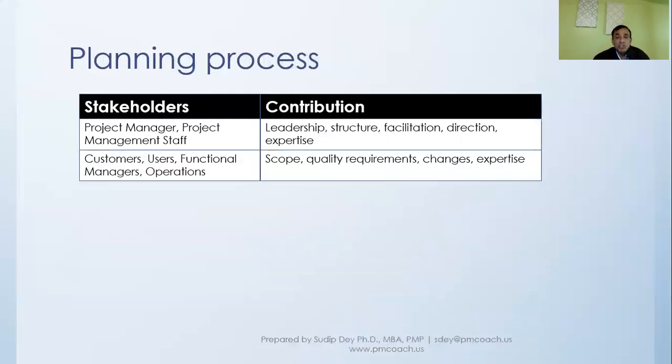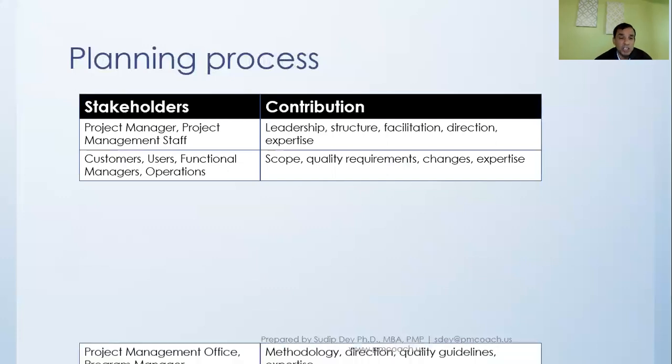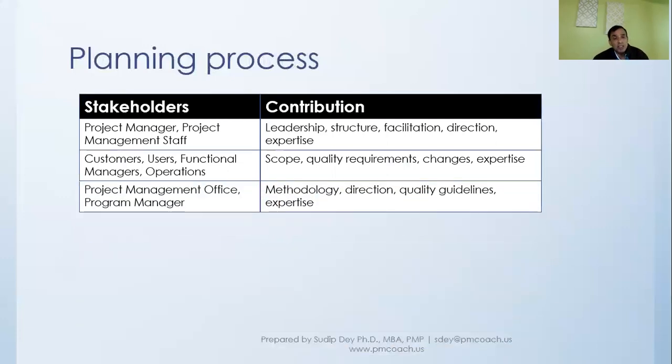Customers, functional managers, operations or users will tell you what the scope is. They will tell you what quality they are looking for. They might come up with changes, and they'll also provide you expertise from the business and functionality side. And then the project management office or program manager, if you have one, will provide you the methodology, direction, guidelines. Those kinds of things you can expect from them.